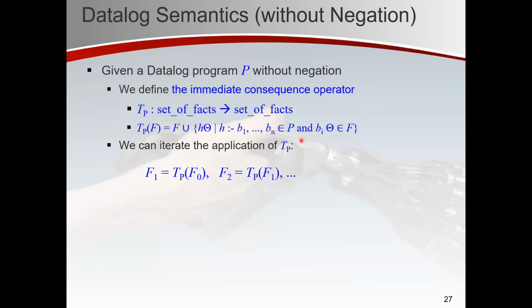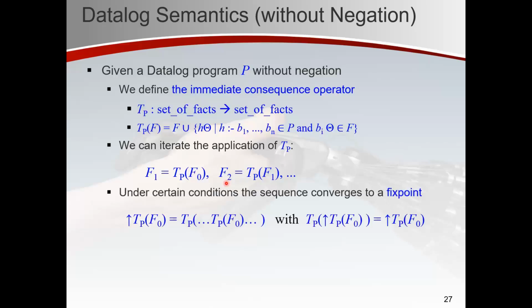So if we now iterate these one-step immediate consequence operators, like TP of F0, then we get F1, a new set of facts. We use this operator on F1, then we get F2, and so on. So step for step, we apply this operator.